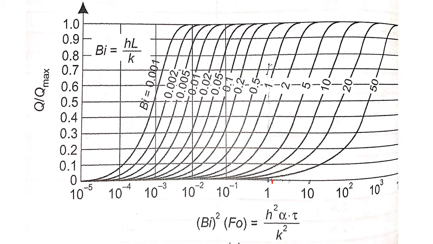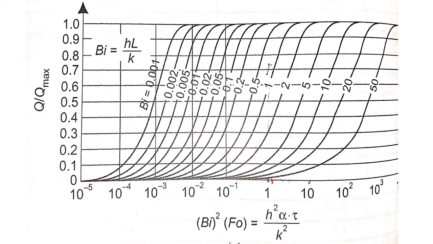My Biot number value will be 0.8139. This is the graph of 0.5 and this is the graph of 1, so my 0.8 value will be somewhere nearer to this. Straight away I move vertically upwards to where this graph intersects, and from there I come horizontally towards this line.